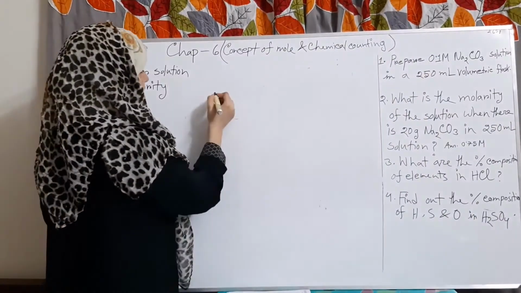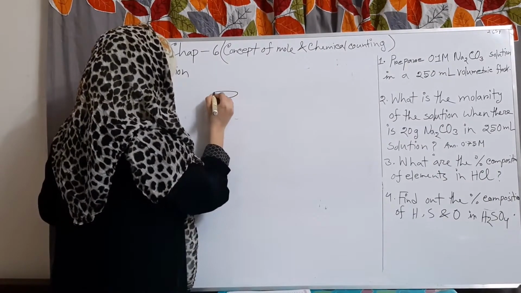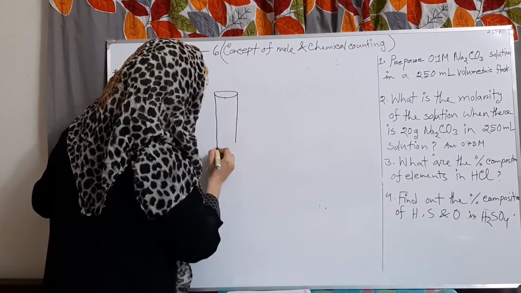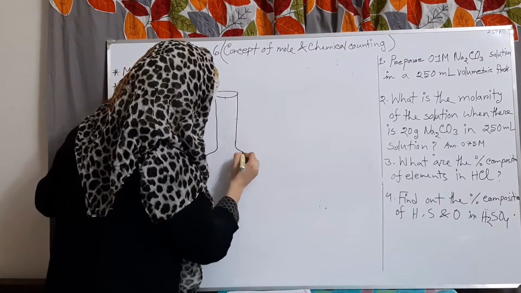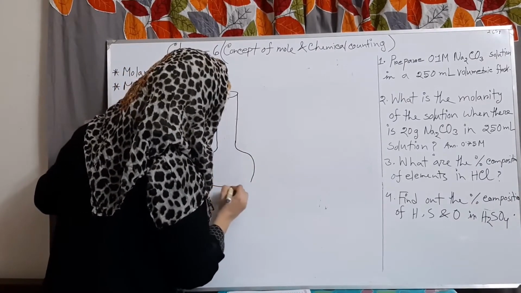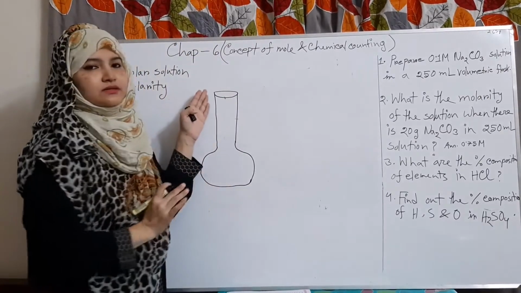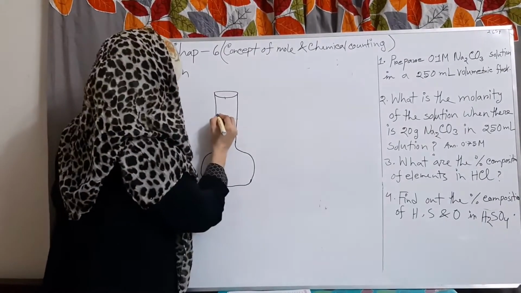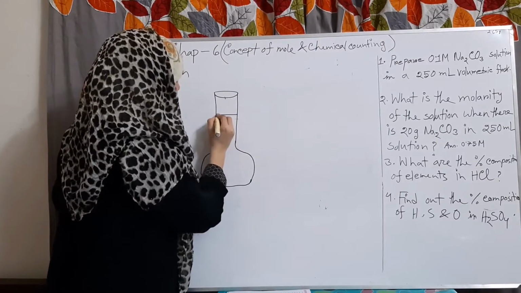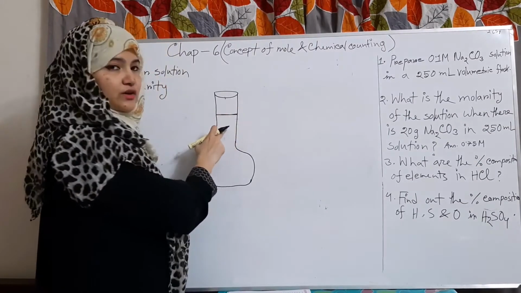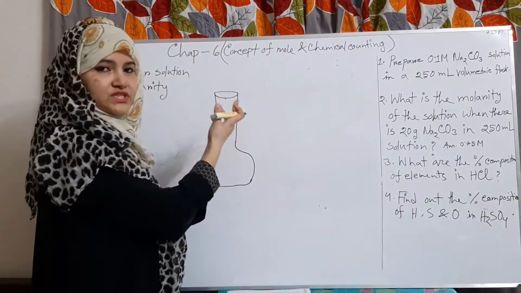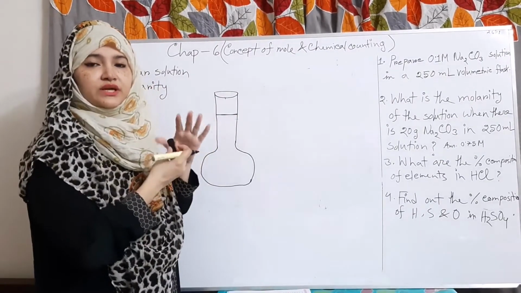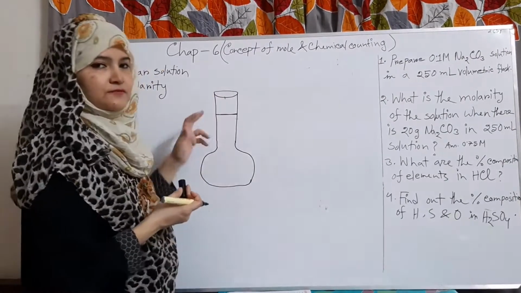The volumetric flask is like this. This is the shape of the volumetric flask. And there is a mark at the neck of the volumetric flask, which indicates the volume of the flask.